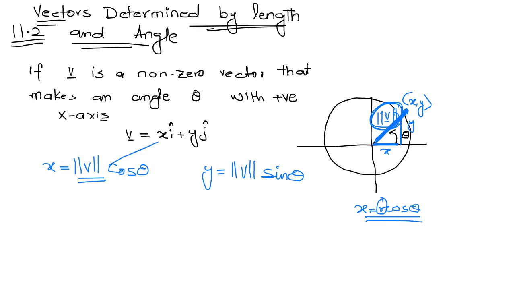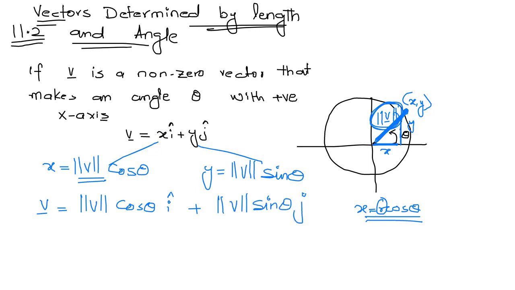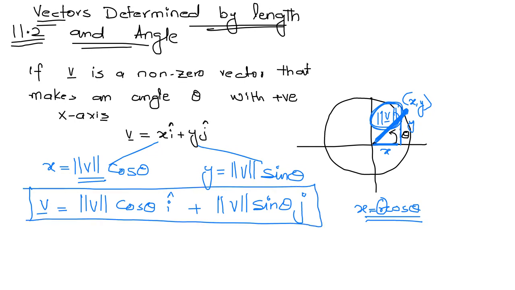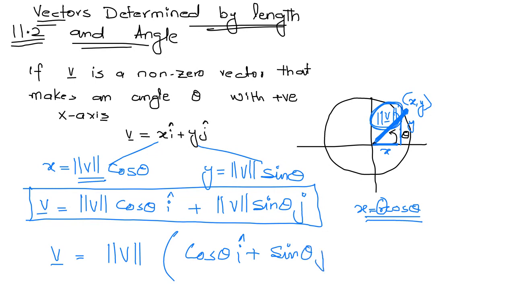Just put the values of x and y in the vector and I get mod of vector v cosine of theta i plus mod of vector v sine of theta j. This is the formula from which you can find the vector when the length and the angle are given. You can simplify this as mod of vector v times cosine of theta i plus sine of theta j.